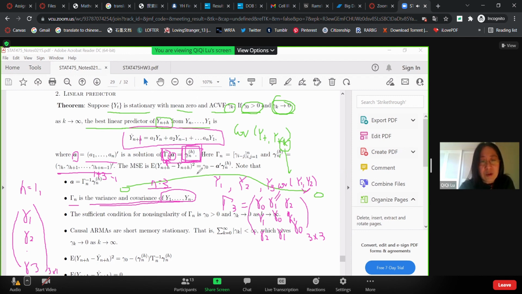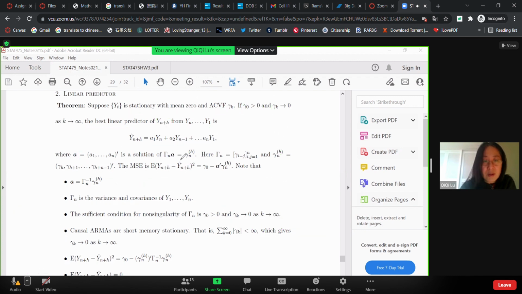And then you need to solve for A from this equation. You have gamma n here, that's your variance covariance matrix, and then this vector, and you solve these linear equations. To solve this equation, you multiply from the left by the inverse of gamma n.